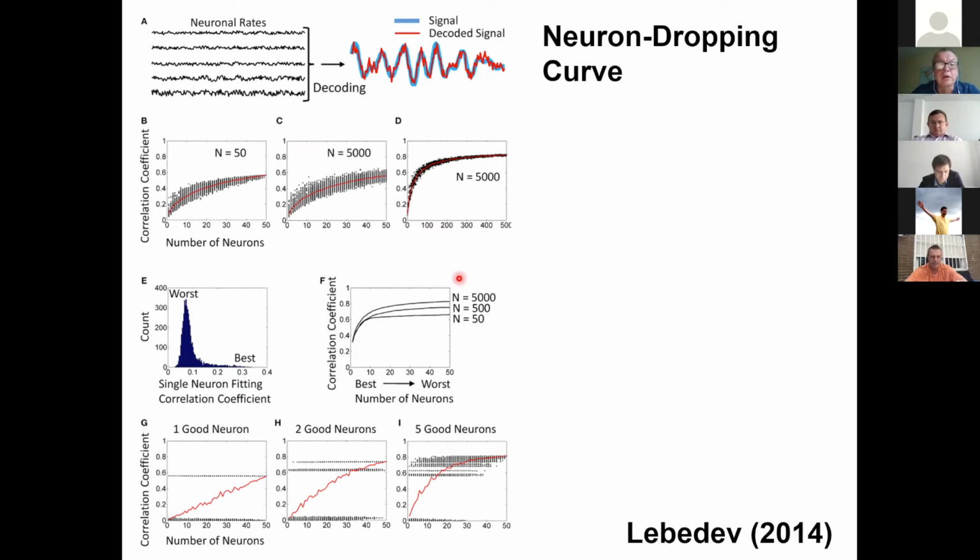And actually, until recently, it was around maybe 50 or 100 cells. And then some people got a false impression that the neuron dropping curve saturates when the population reaches the size of 50 neurons or so.